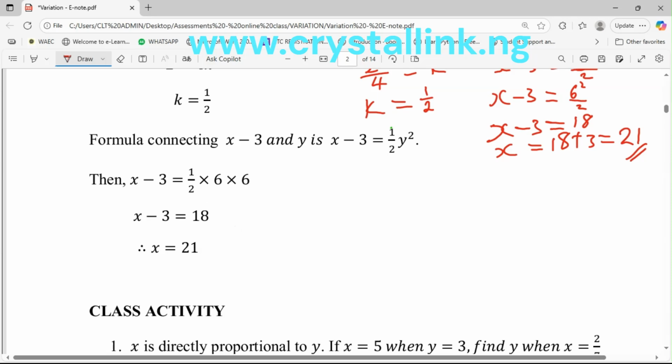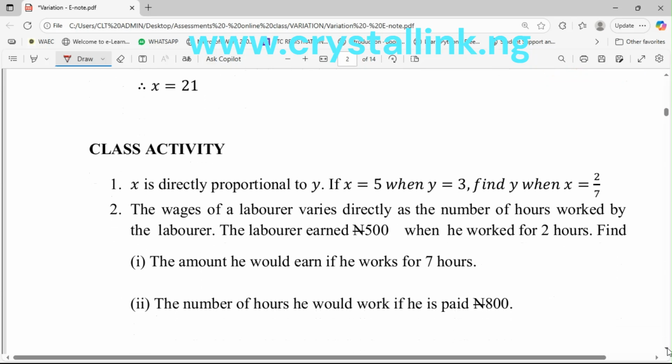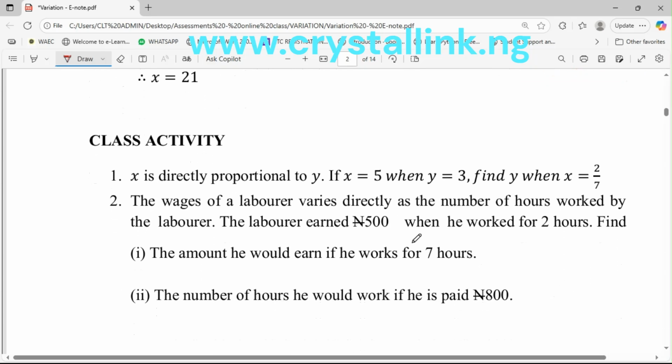I have a class exercise which you are expected to solve. Number one says x is directly proportional to y. If x equals 5 when y equals 3, find y when x equals this. So you should be able to solve this.